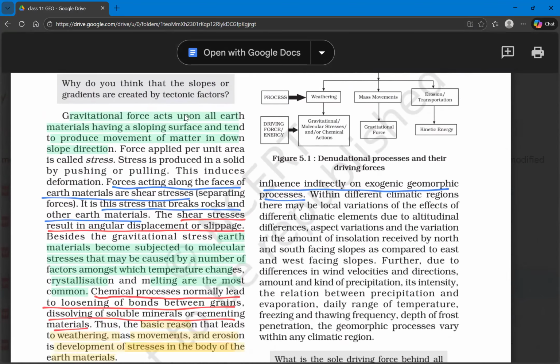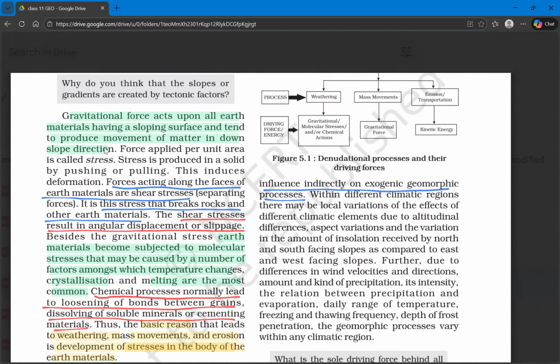Gravitational force acts upon all earth materials having a sloping surface and tends to produce movement of matter in the slope direction. So what happens? Due to the gravitational force, the material tends to travel from a higher level to a lower level in the downslope direction. Force applied per unit area is called stress.